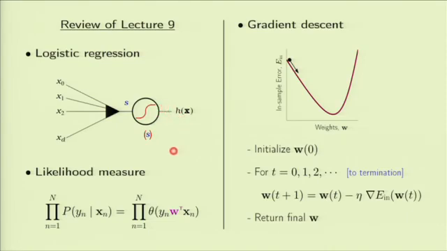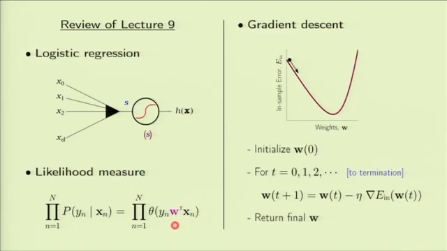And because of that, the error measure we derived was based on likelihood measure, which has a probabilistic connotation, in which case we maximized the probability that we would get the data set that we got, the outputs, given the inputs, based on the hypothesis that is represented by the logistic regression being assumed to be the target function identically.